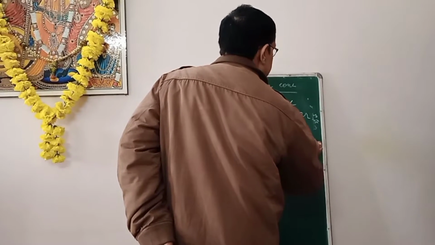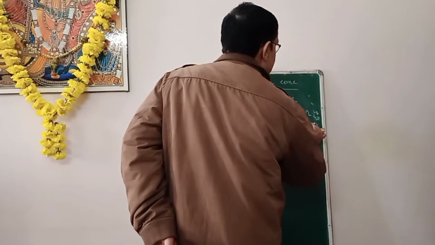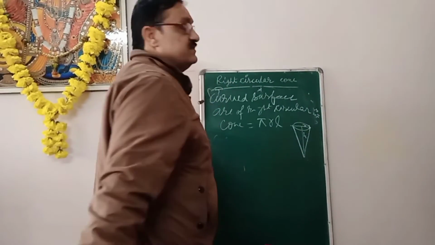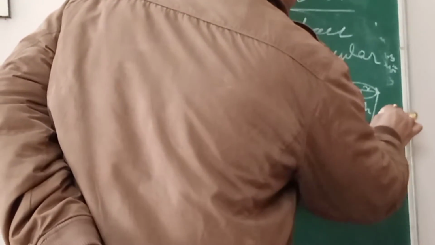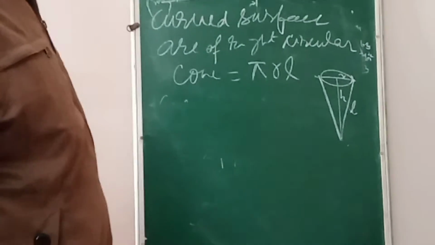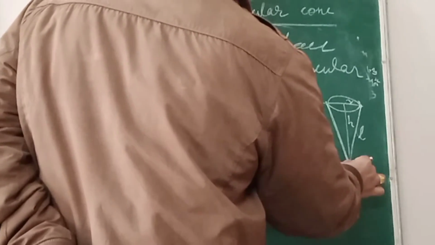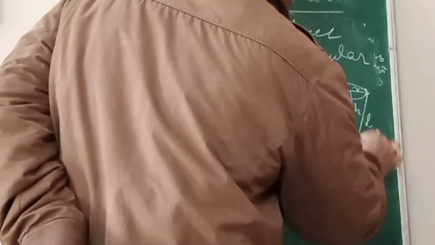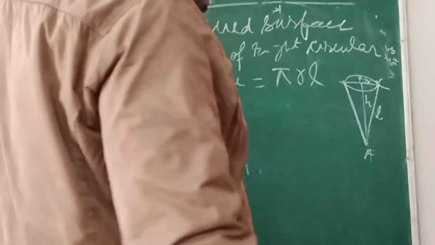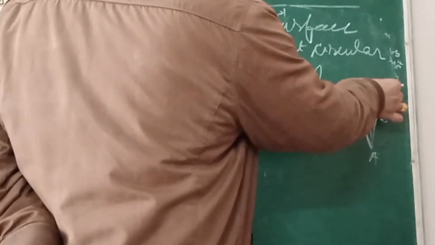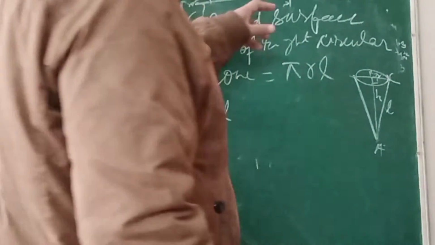This height is h, the radius of the circular base is r, and this is called the slant height L. Suppose this point is A, this is B and this is C. Then in triangle ABC, as we discussed, a line drawn from the vertex to the base is perpendicular in a right circular cone. So ABC is a right angle triangle.